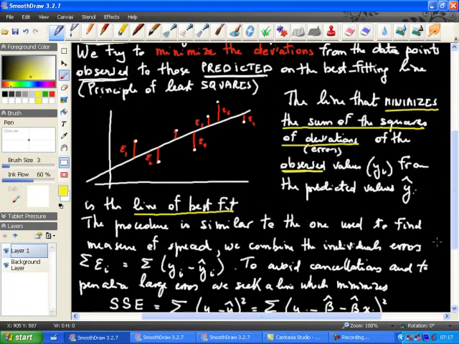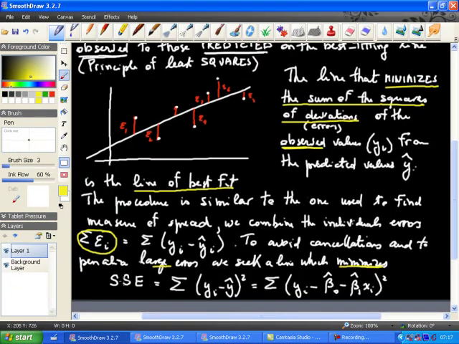And so the individual errors, we try to combine them, and to avoid cancellation and penalize large errors, we seek a line that minimizes the sum of square errors, which is the sum of the differences between the observed values yi minus the predicted values y hat, squared. And then instead of y hat, we can substitute the equation of the line of best fit, which is this one.